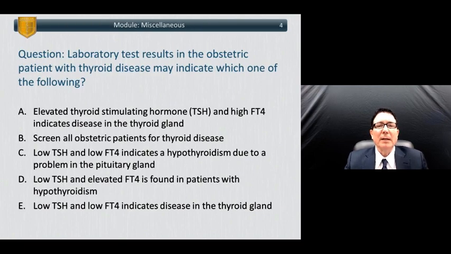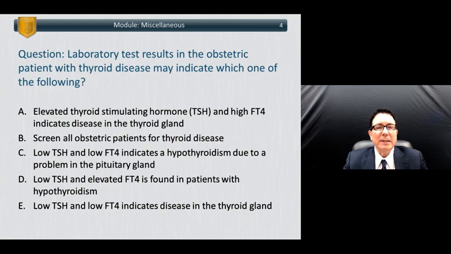Question. Laboratory test results in the obstetric patient with thyroid disease may indicate which one of the following. A. Elevated thyroid stimulating hormone, or TSH, and high FT4 indicates disease in the thyroid gland. B. Screen all obstetric patients for thyroid disease.